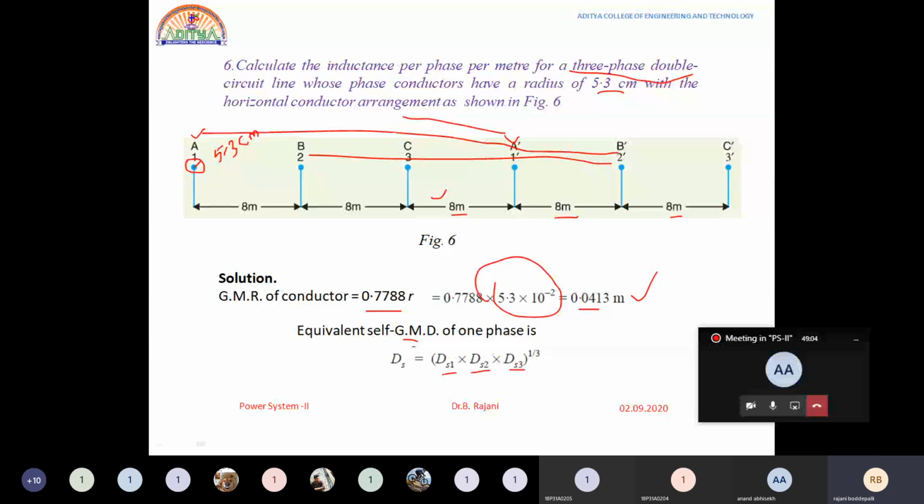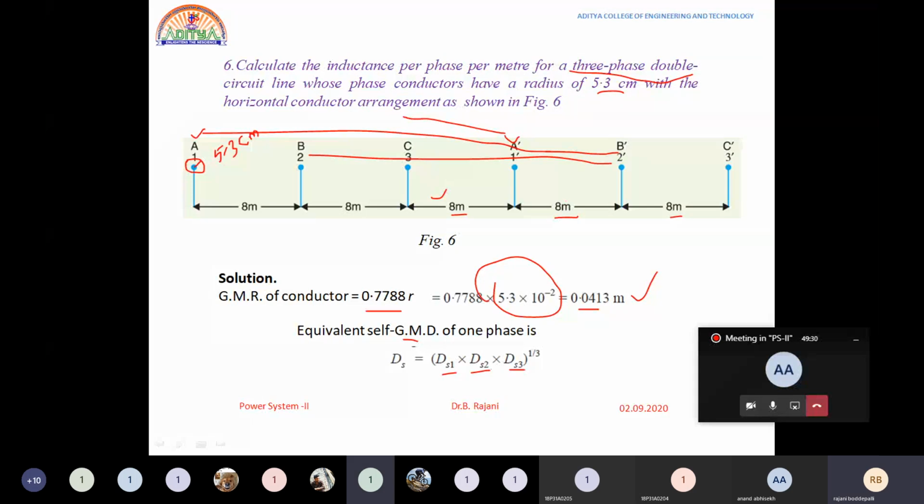See, A to B dash is a mutual combination between A and B. From A to B it is 8 meters. A to B dash is 32. B dash to B, any one of you, can you tell what is the distance from B dash to B? B dash to B. Hello?